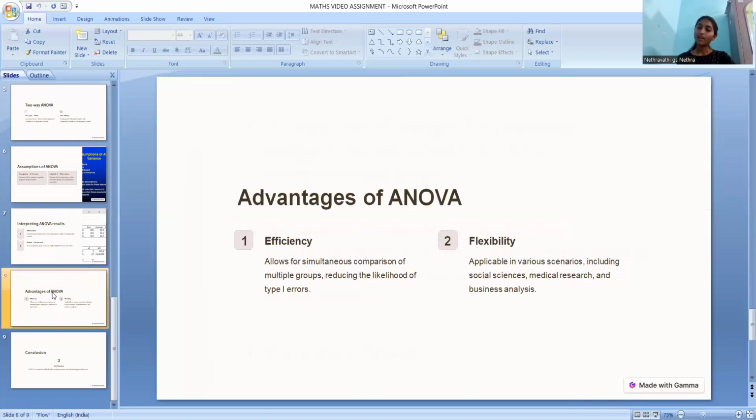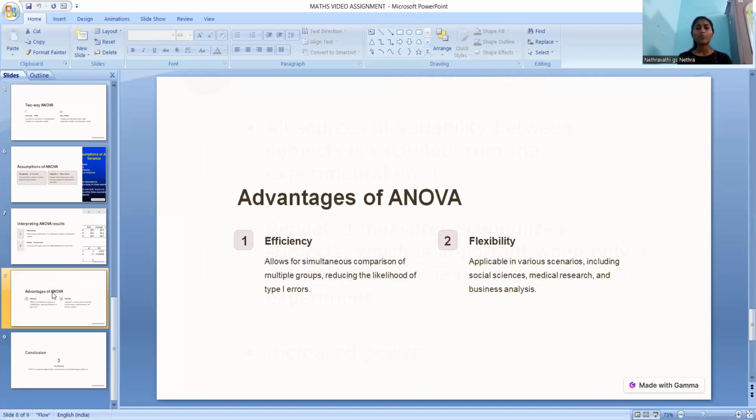And the advantages of ANOVA are efficiency and flexibility. Obviously, in the present scenario, ANOVA plays a very important role in solving statistical problems, statistical numericals, and as usual ANOVA problems. Let's go with efficiency. It allows for simultaneous comparisons of multiple groups, reducing the likelihood of type 1 error.